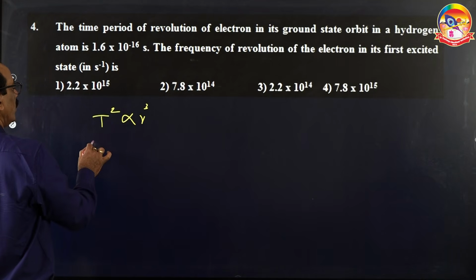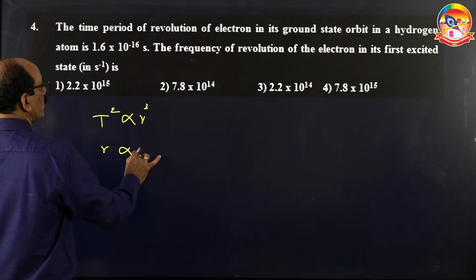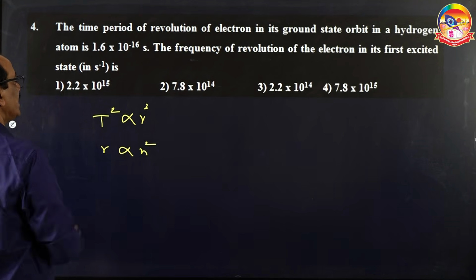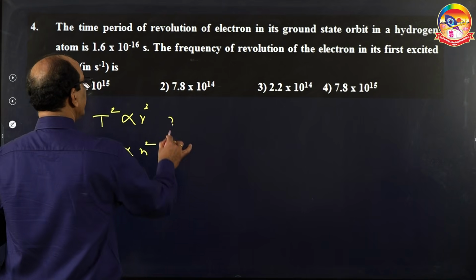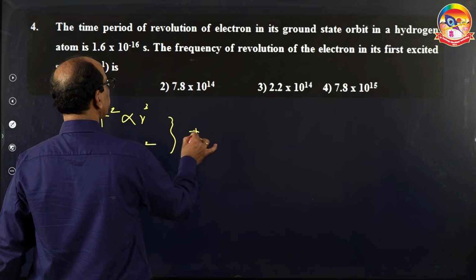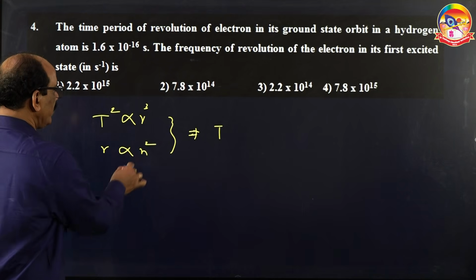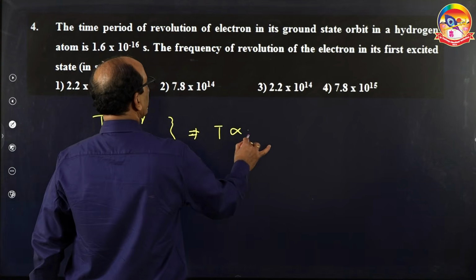But we know the radius of the electron orbit is directly proportional to n square, it is 0.529 n square. So from these two we can write T is directly proportional to R to the power of 3 by 2. Therefore, T is directly proportional to n cube.